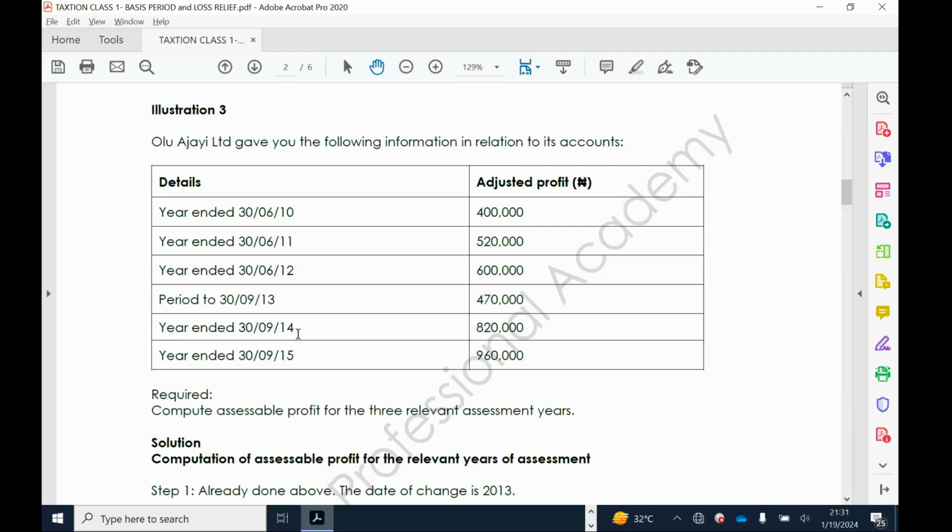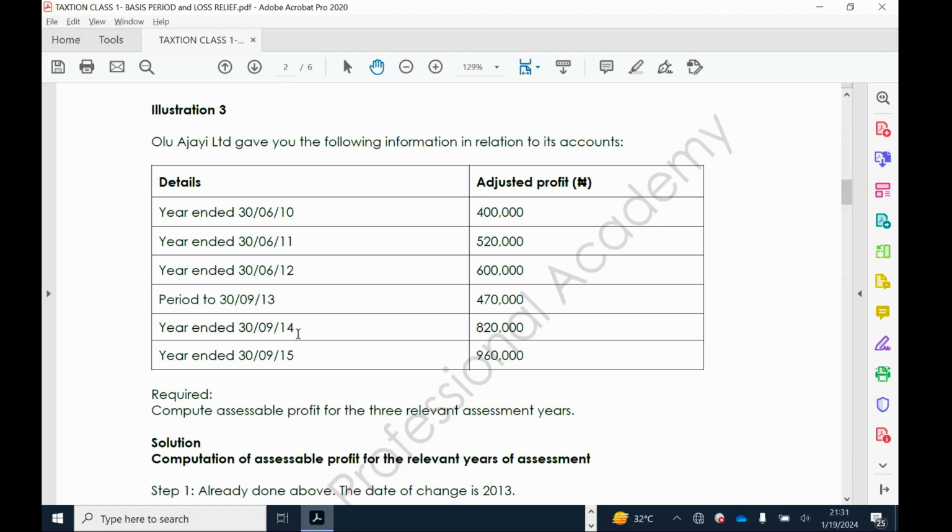What do we do? Before I go to the workbook, I will reiterate the steps again. The first step is that we should identify the year of change. The second step says that we should identify 2 years after the year of change. The third step says that we should compute the assessable profit using the existing or the old accounting date.